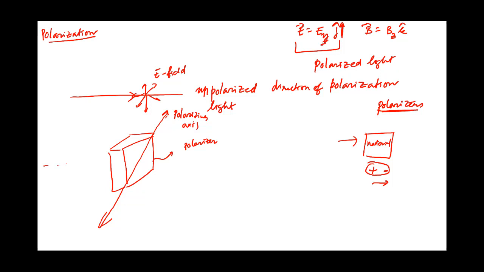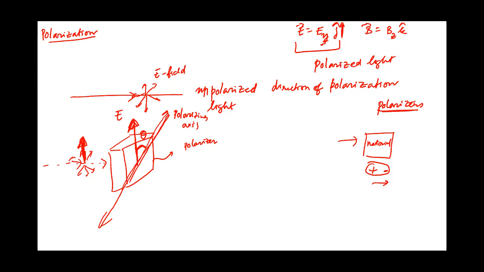If I have unpolarized light, that is light where the electric field is oscillating every which way, incident on this polarizer, then for any particular electric field component, say this one making an angle theta with the polarizing axis, only a projection along the polarizing axis is let through.